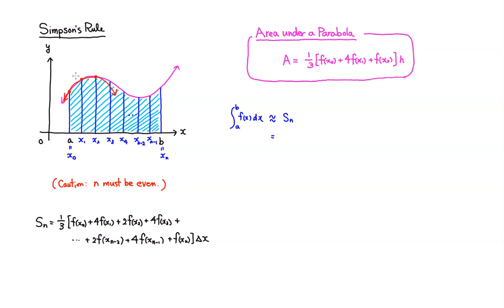You can see that the parabola is pretty close to the original curve. Then we can approximate the area of the first 2 sections using the formula we just derived for the area under a parabola.